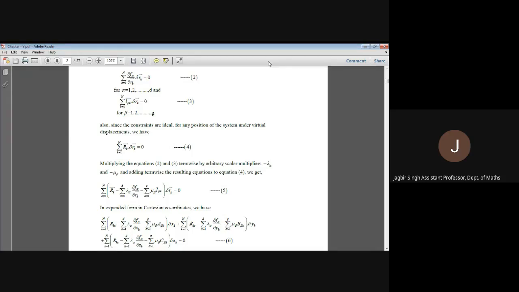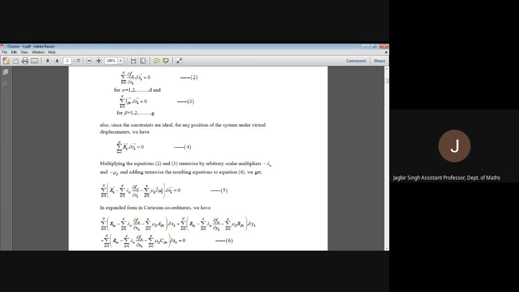So we will have summation k from 1 to capital N, Rk minus the summation alpha from 1 to d lambda alpha curly f alpha by curly Rk, minus, since equation number 3 is multiplied with minus mu beta and beta lies from 1 to g, the summation beta from 1 to g mu beta L beta k, into del Rk is equal to 0. This is equation number 5.